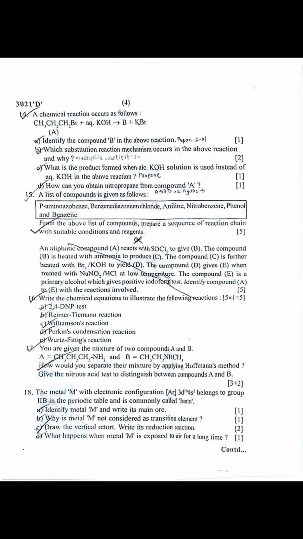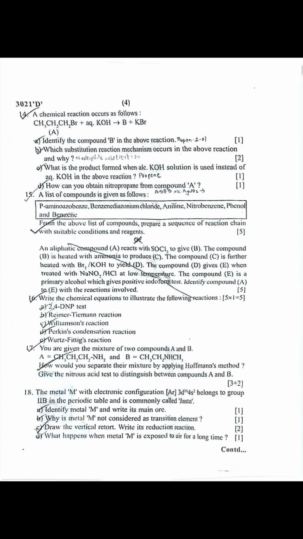Question number 18. The metal M with electronic configuration Ar 3d10 4s2 belongs to group 2B in the periodic table. A. Identify metal M and write its main ore. B. Why is metal M not considered a transition element?